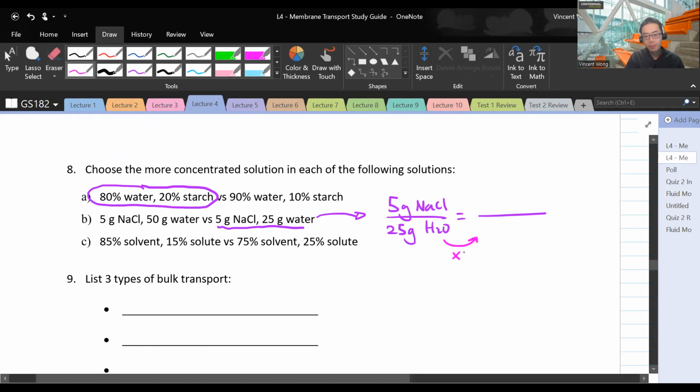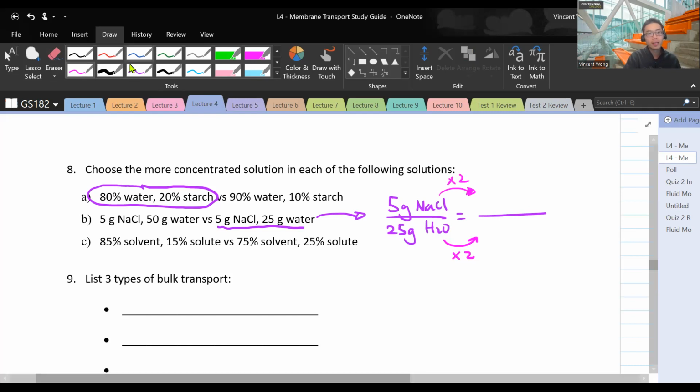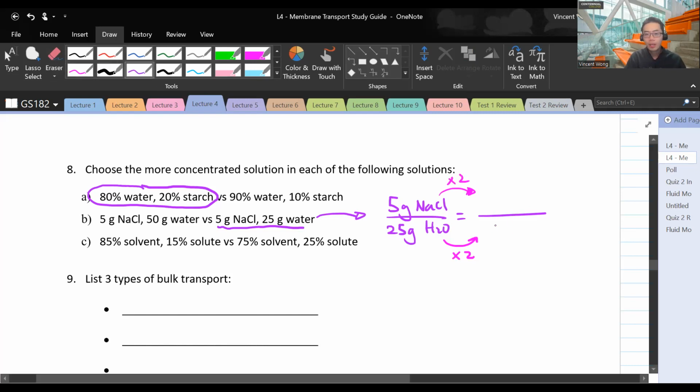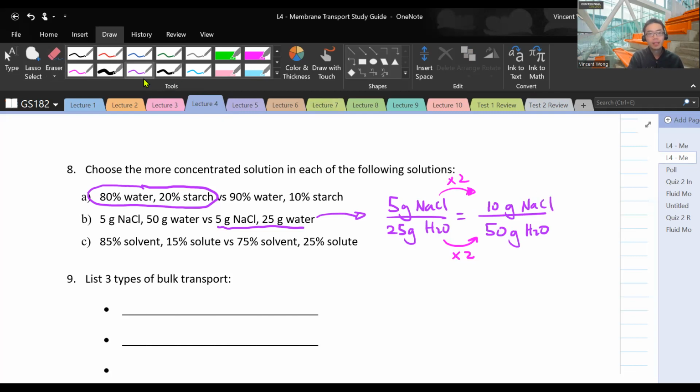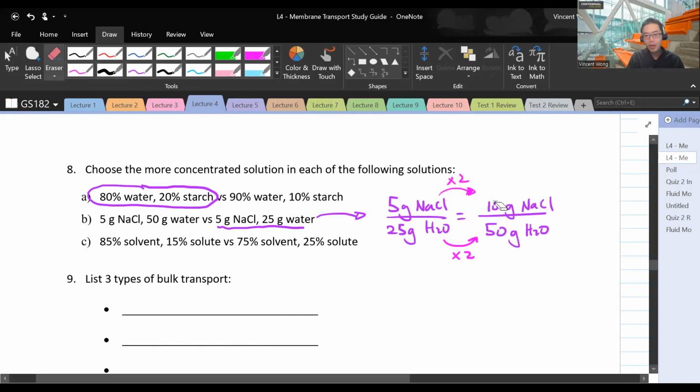So I will multiply this by 2. But the rule about fractions is if you multiply the denominator by 2, we must also multiply the top by 2. So that will give me 50 grams of water, and that would be 10 grams of NaCl. So now if we compare 10 grams of salt in 50 grams of water versus 5 grams of salt in 50 grams of water, we will see that this is the more concentrated one.